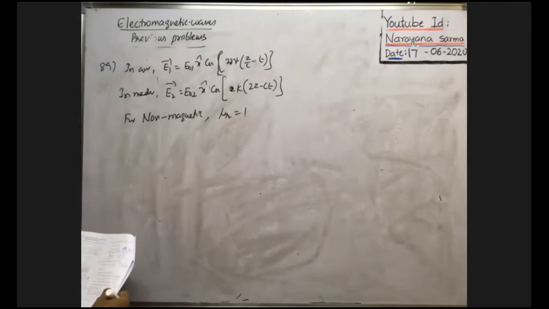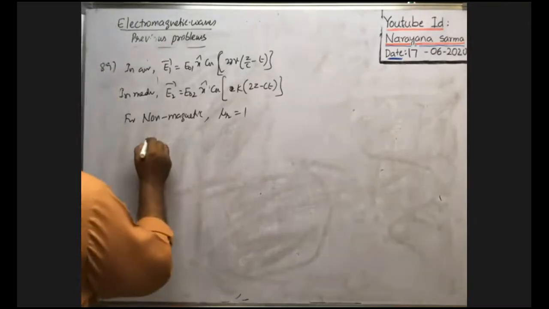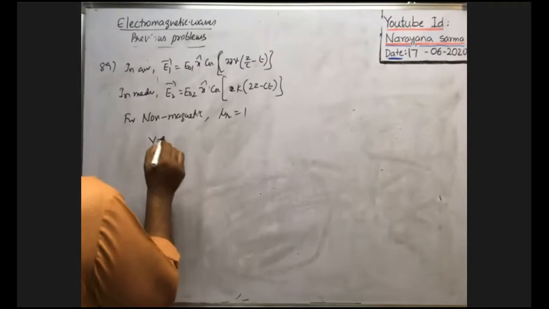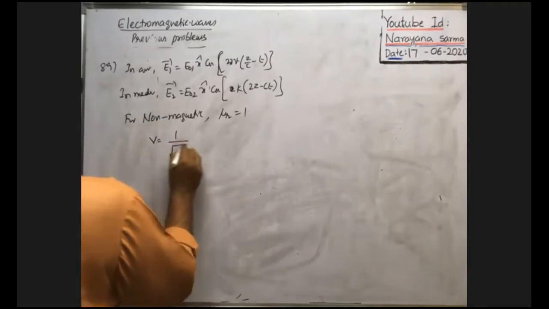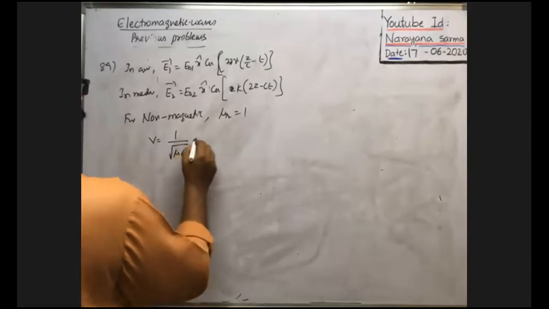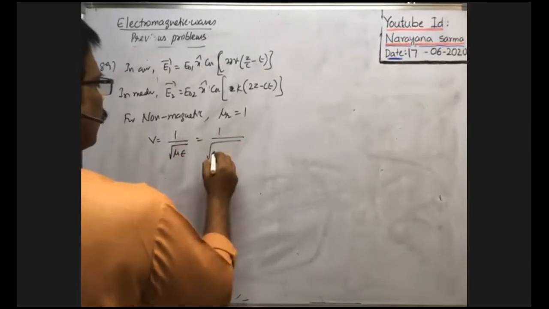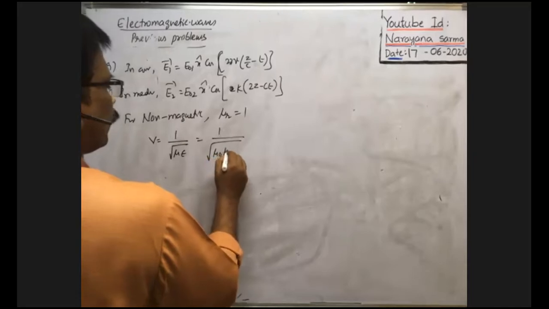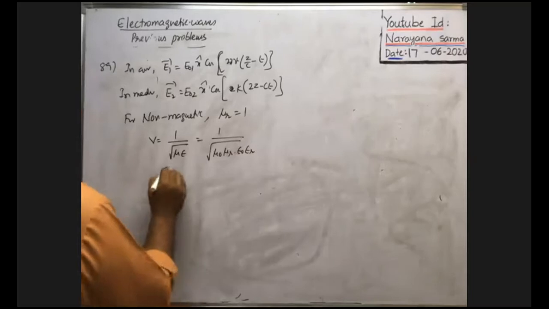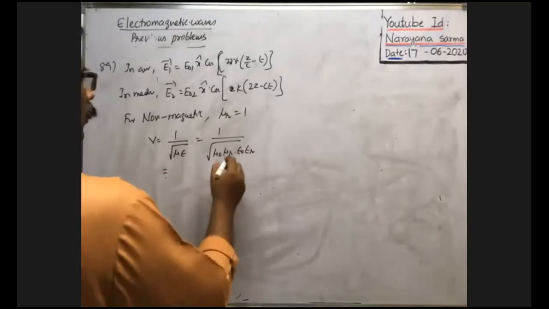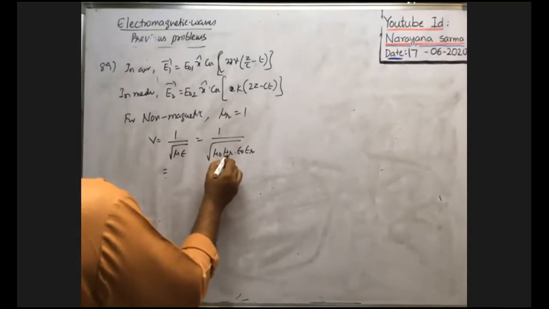We know the velocity of an electromagnetic wave in any medium is given by 1 by root mu epsilon, that is equal to 1 by root of mu naught mu r into epsilon naught epsilon r.